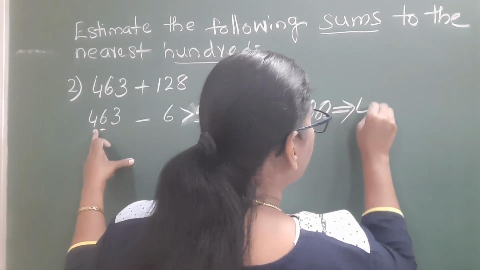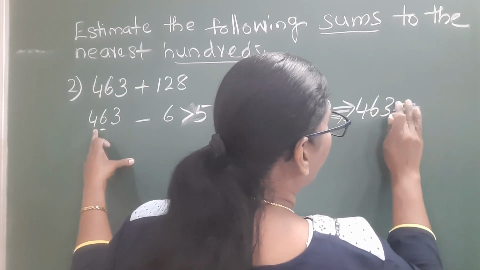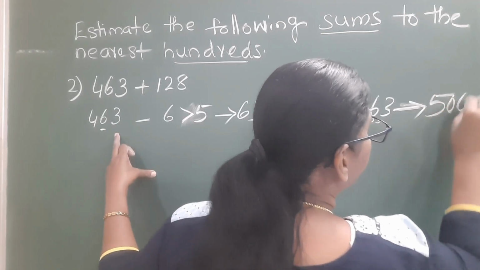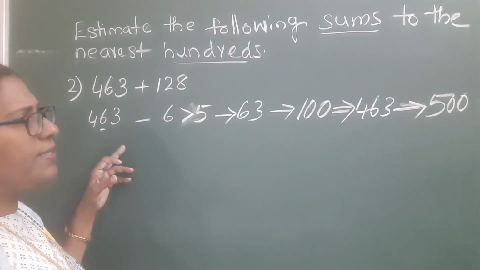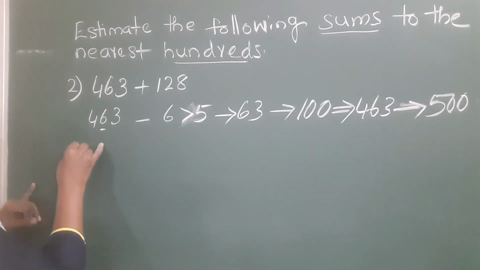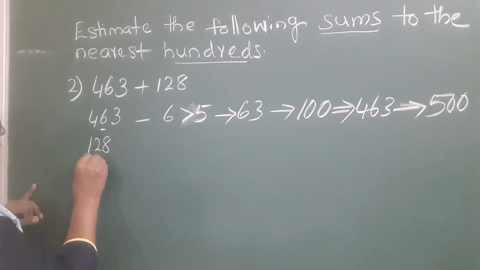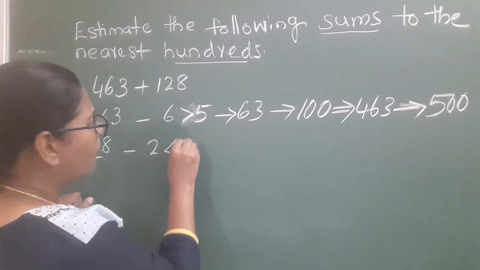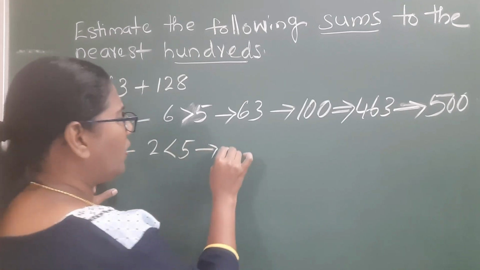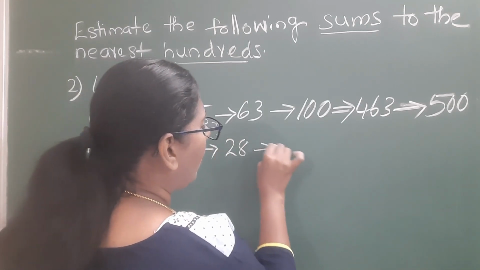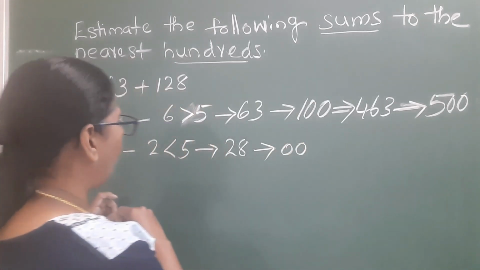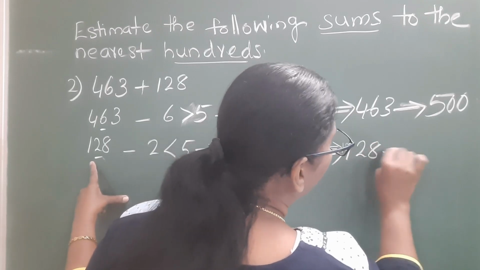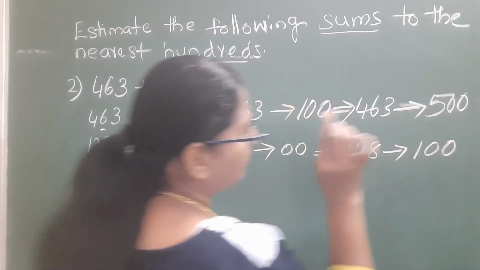So 463 rounds off to 500. Next one is 128. In 128, 2 is in tens place. 2 is less than 5. So 28 rounds off to 0. So 128 rounds off to 100.